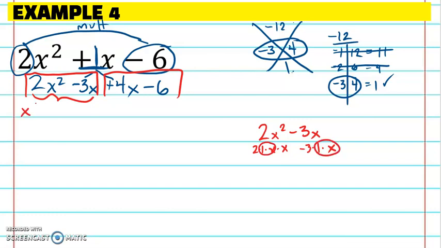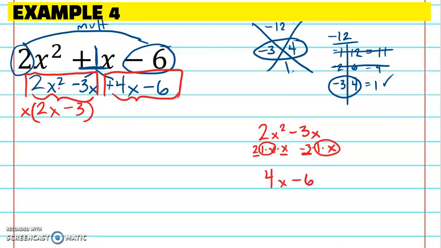So I pull x out, and what's left to multiply, so I still have 2x squared minus 3x. Okay, I can't change the value of my expression. So I have to multiply x times 2x so that I end up back with 2x squared. And then x times negative 3 so that I'm at negative 3x.